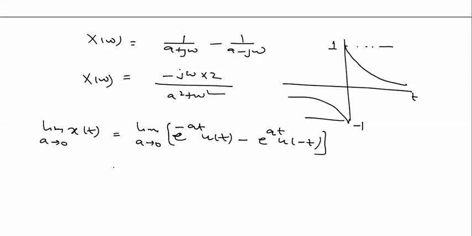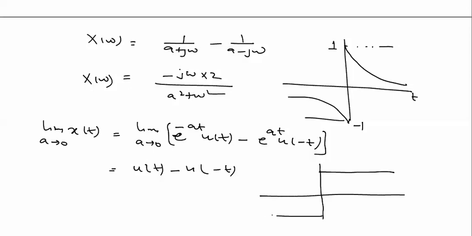By putting limit a tends to 0, this expression is reduced in this way, and this graphical representation is now converted into this way. This is known as the signum function.